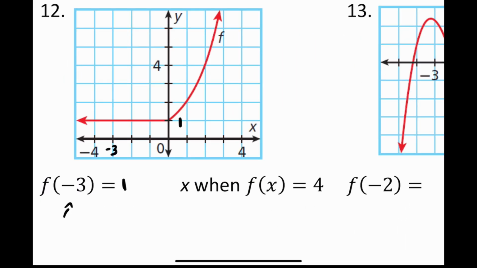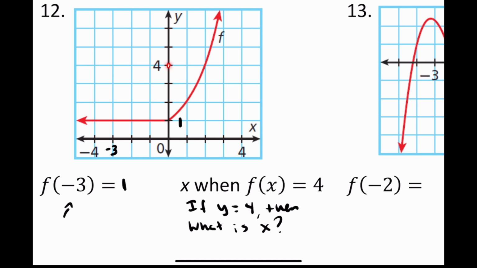Now the next question here is, what is x when f of x is equal to 4? So basically, let me rewrite this question so it makes sense. If y is 4, remember that y and f of x are the same thing. If y is 4, then what is x? So let's take a look where 4 is on the y-axis.